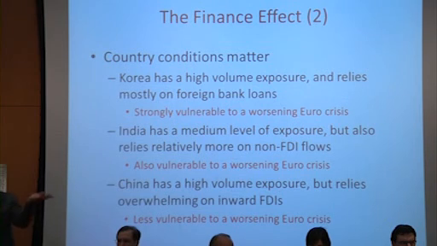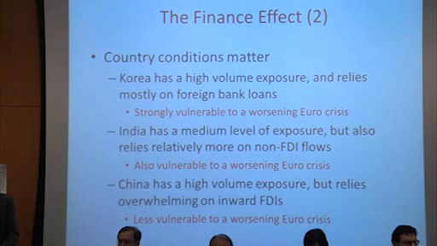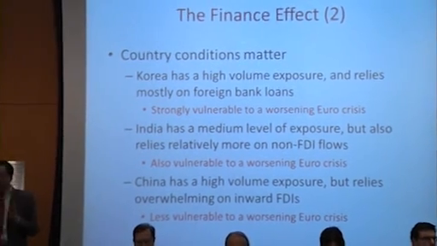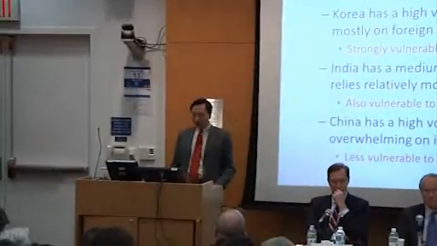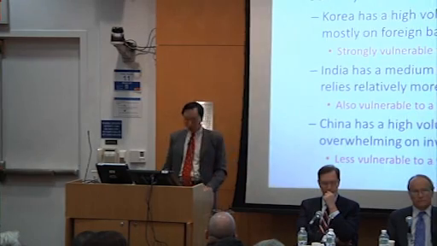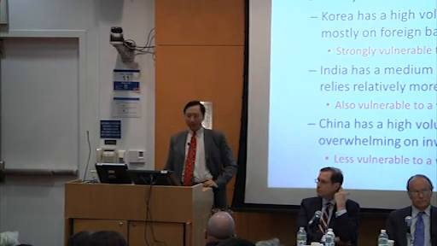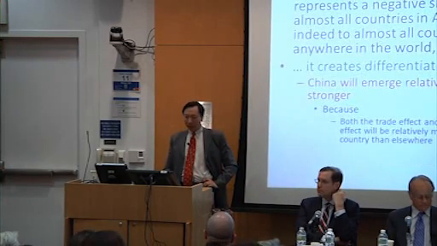China has high total volume exposure, but the structure is such that, primarily due to its capital control regime, capital flows are overwhelmingly in the form of foreign direct investment, as we see from the previous picture, which makes it comparatively less vulnerable to a worsening financial crisis.